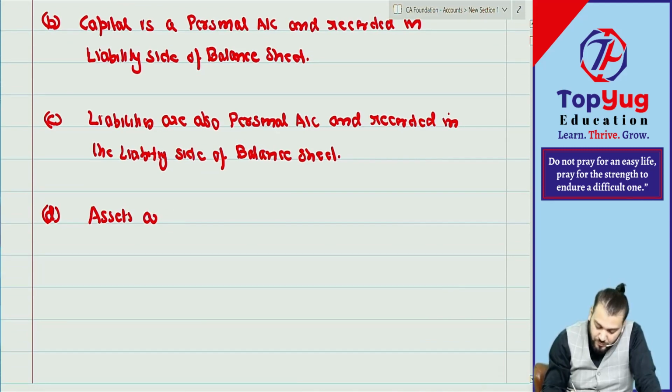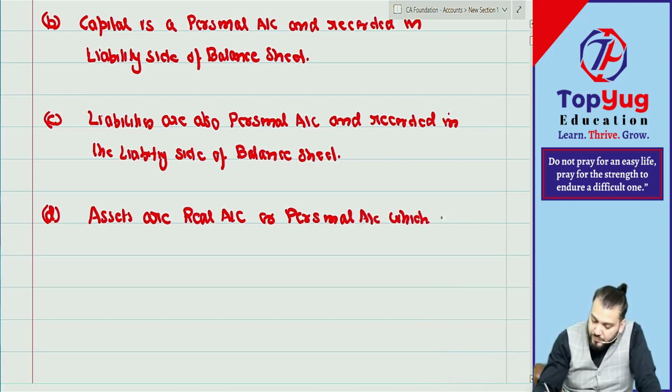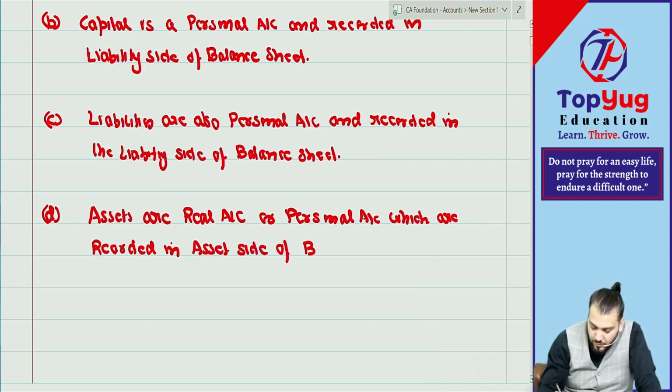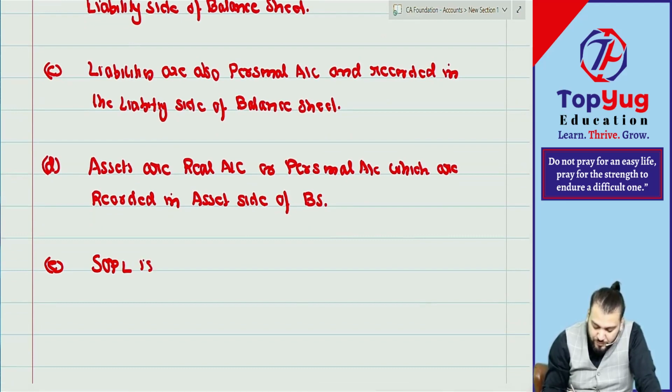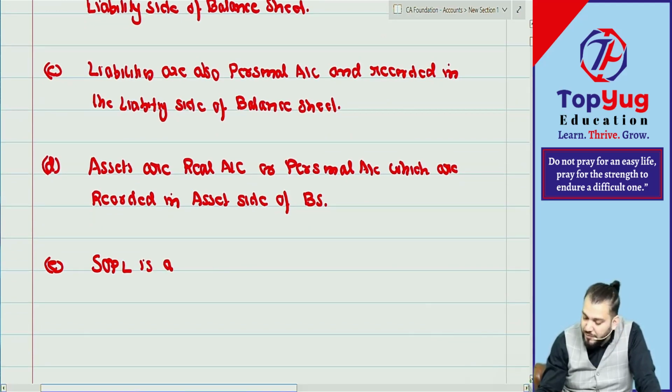Assets are real account or personal account which are recorded in asset side of balance sheet. Means we can conclude that SOPL is a statement of what?